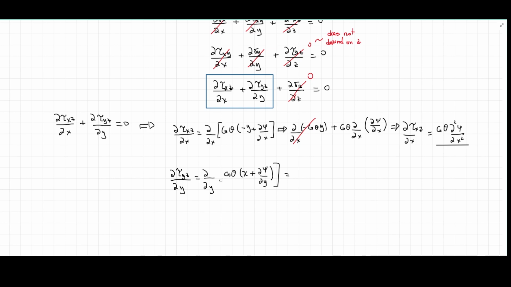So to write this down, it's going to be equal to the first term as the previous one plus, I can bring it out, G theta partial derivative of y of the first.